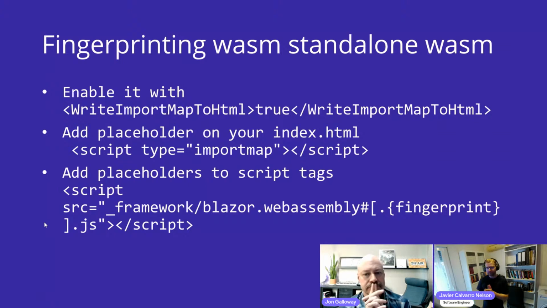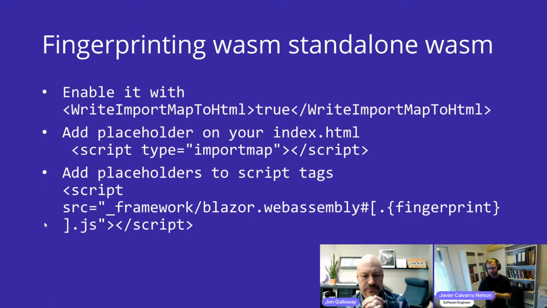And one of the things that we didn't do was standalone WebAssembly because it was harder. In all the other cases, we are able to use the server to apply the fingerprints and generate an import map on the fly on the root Razor page to set everything up. But obviously that's not possible in WebAssembly where you have only an index.html.